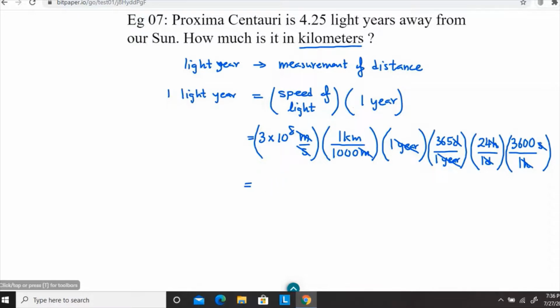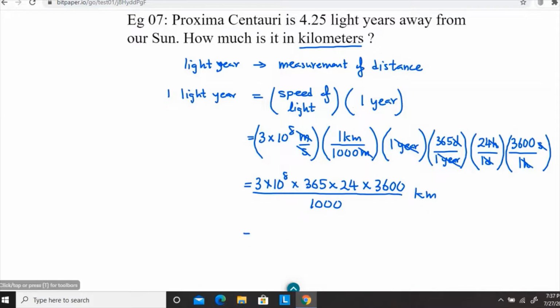So I have 3 multiplied by 10 to the power 8 multiplied by 365 multiplied by 24 multiplied by 3600 divided by 1000. And the only remaining unit is kilometers, which is exactly what we need. We need the answer in kilometers.